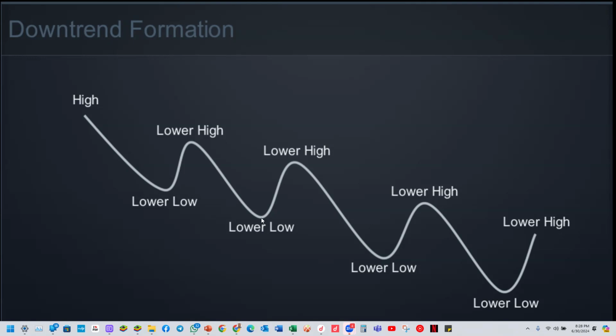Even though the market is now coming back like this, it will not just come back and break the trend line. The market must create a higher low. And if the market cannot create a higher low, then the market will continue to make lower lows to the downside. And that's why you say the market is worth selling.